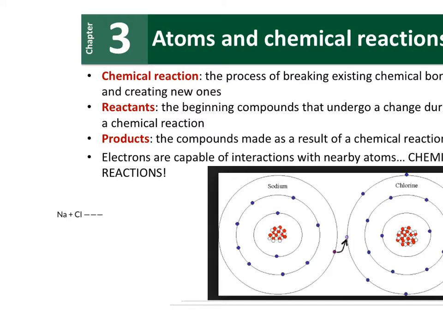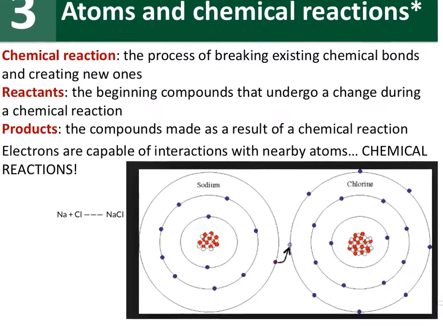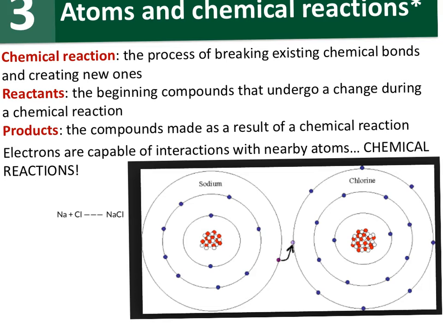And we have NaCl, which is sodium chloride. If we look at this, we can see what's happening here with sodium. Electrons always move from the outer shell to the inner shell.